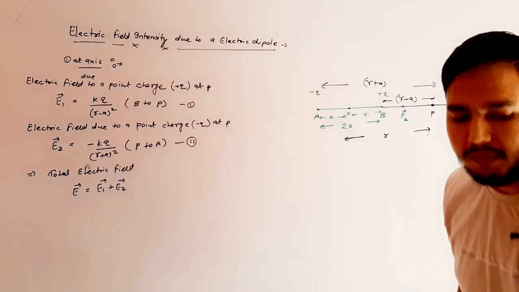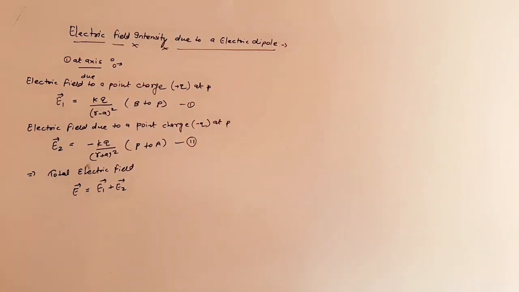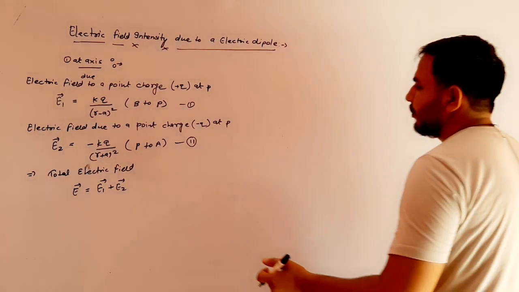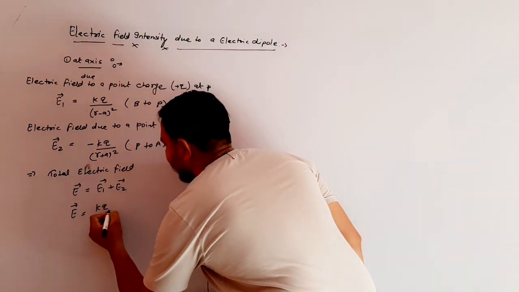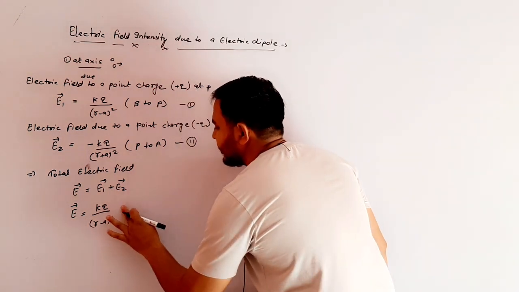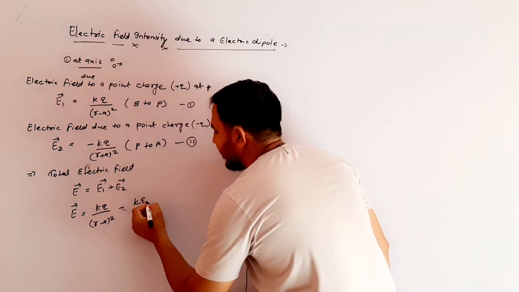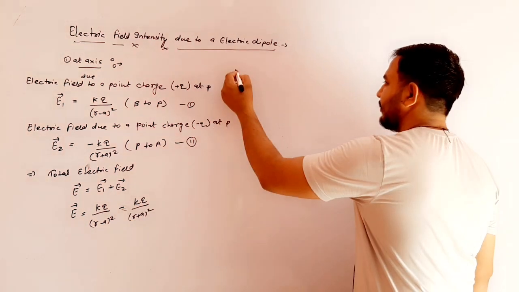Clear? Now I erase the diagram. Put the value of E1 and E2: kq upon r minus a square plus minus kq upon r plus a square.